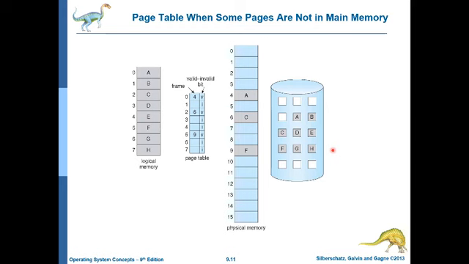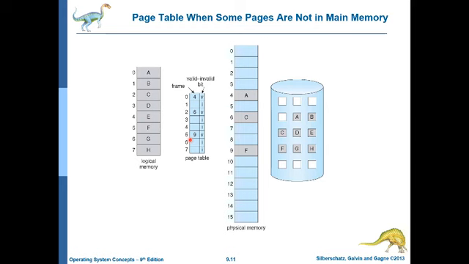Now, in the page table, those pages which have been loaded, here the example says 3 pages, the page with contents A, the page with content C, and the page with content F, have been loaded, let's say when the program starts. So you can see that the valid-invalid bit is set to V for these pages, and for the remaining pages which are not yet loaded, the valid-invalid bit is set to I.